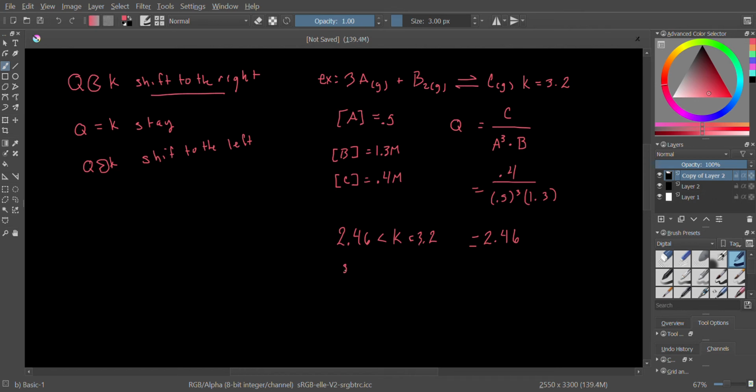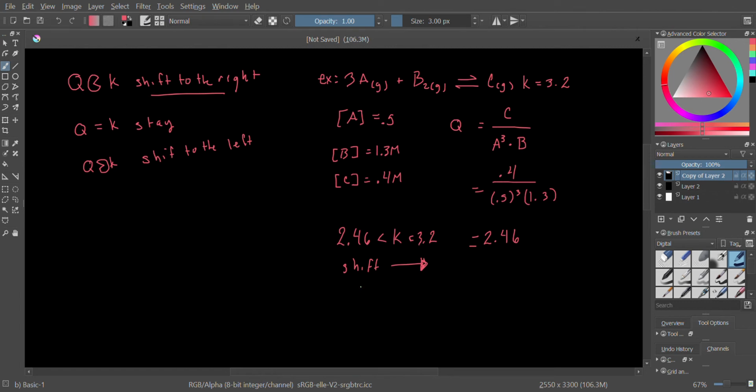So it's going to be a shift to the right. For your homework, it's okay if you just write shift and then put the arrow pointing that way. Since we're shifting to the right, that means we're going to try to create more products, right?